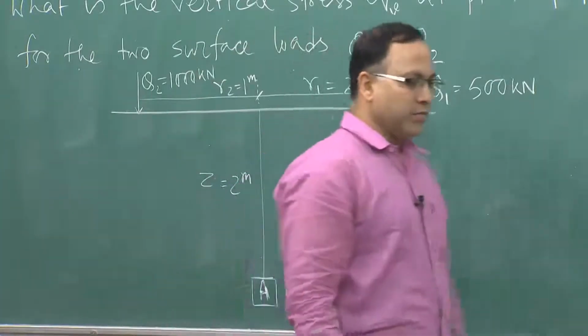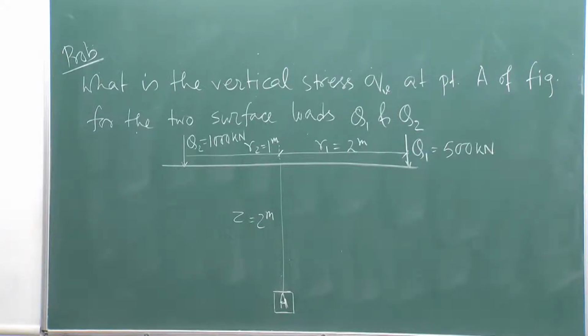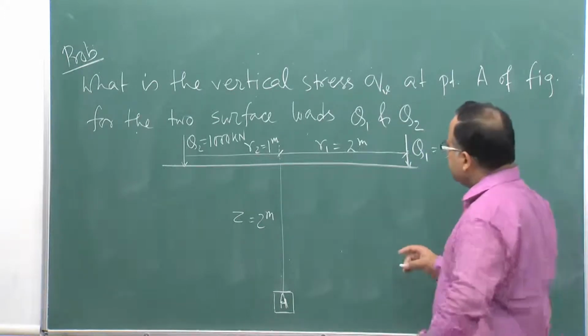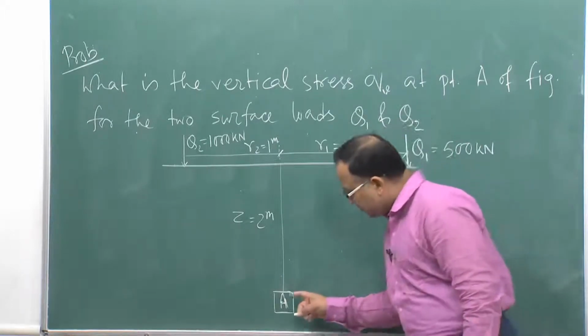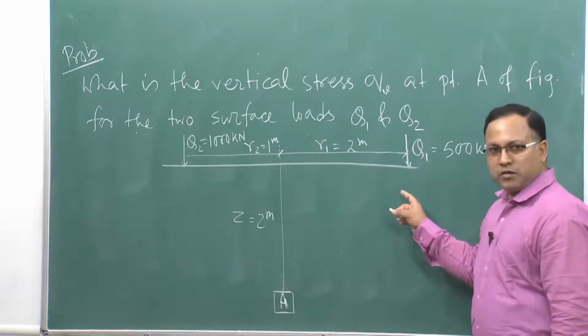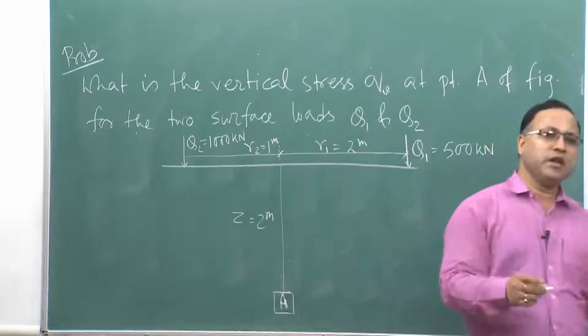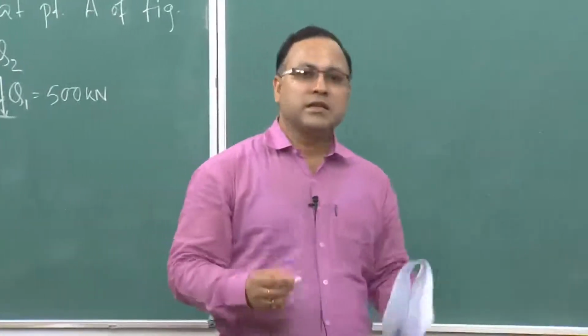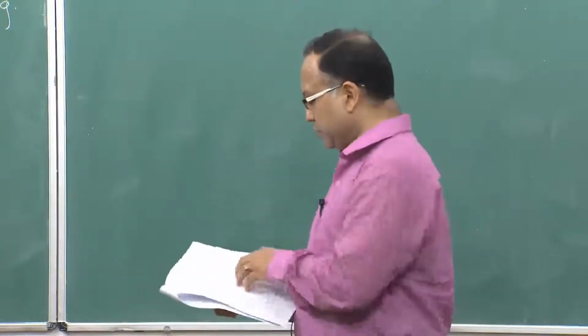That means point A is 2 meter below the surface on which Q1 and Q2 are acting. Okay. So, this is the problem. We will be considering the point A, and we will find the vertical stress developed for the application of Q1 separately and for Q2 separately, and then we will combine them to get the resultant vertical stress. This is the way we will solve this problem.